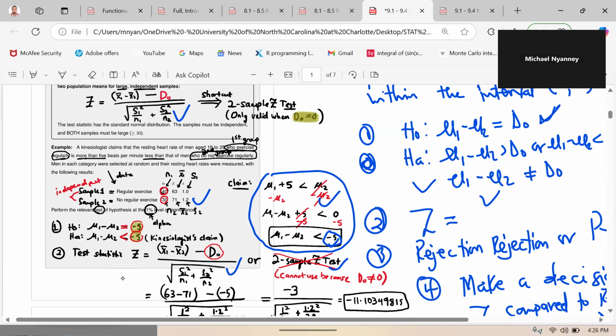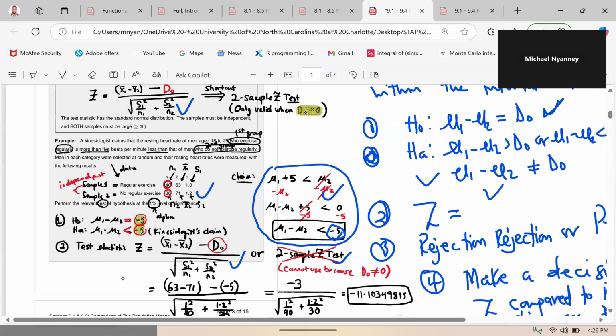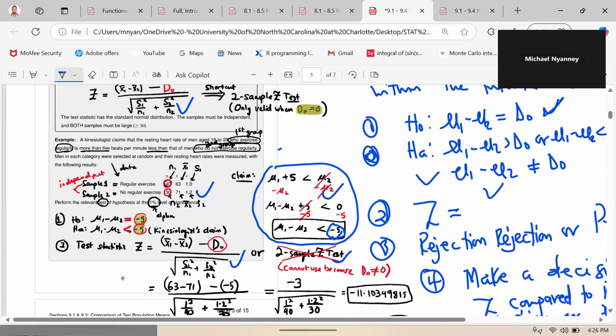Based on that statement, you're going to have mu1 is less than mu2. Simple. So how do we write this back to this? Then we subtract mu2 here, minus mu2 there, so this is left with 0. If you write it again, mu1 minus mu2 is less than 0, we are good to go.